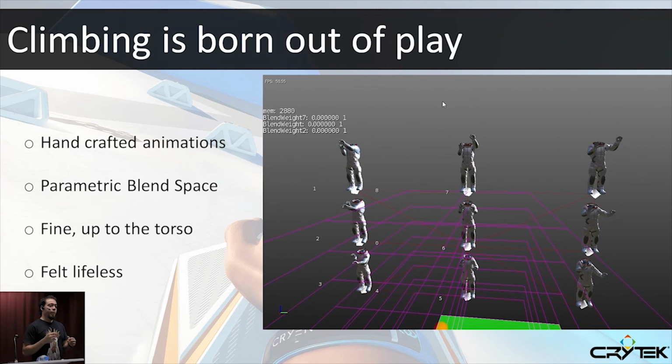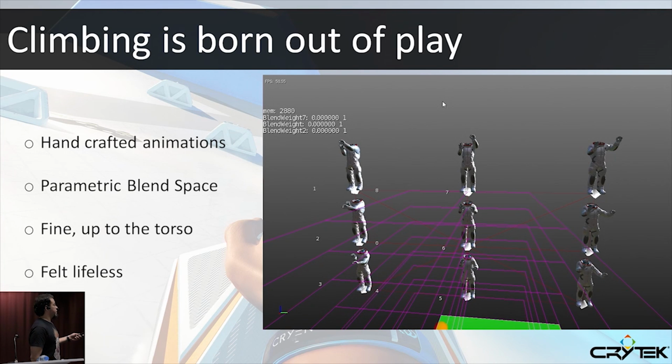The second problem, the parametric blend spaces are very good, they're very quick, but they are not accurate enough for VR. They may be accurate enough for you to get away with something like locomotion on a different character, but something like a hand climbing that is super close to you is not accurate enough. We could not get it to actually fit. And in VR, where you can tilt your head and get closer to your hand to check out where exactly your hand meets the geometry, it was very easily clear that most of the time your hand would miss the actual grip.